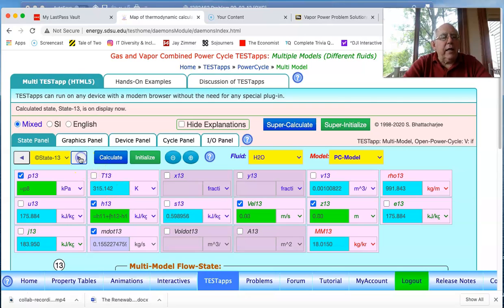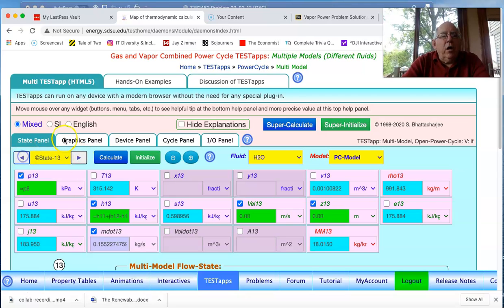We then calculate the actual work at state 13, and again, in this case, we see that the pump was an 80% isentropic efficient pump. And so again, we do the same process we did before. We're increasing the enthalpy by a little bit more than what it would have been if it was isentropically pumped up. And so that's our state 13.